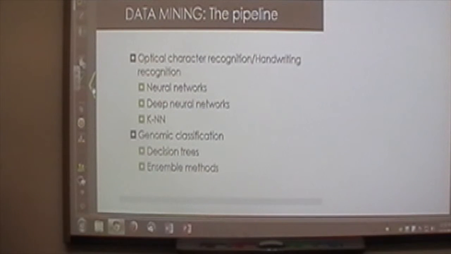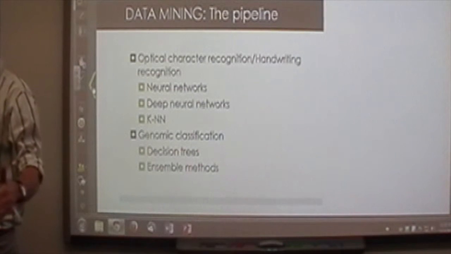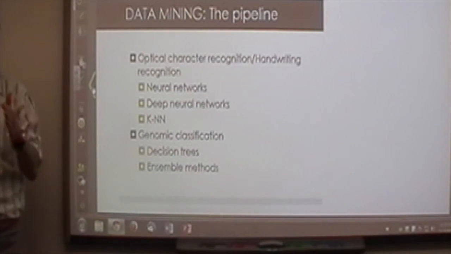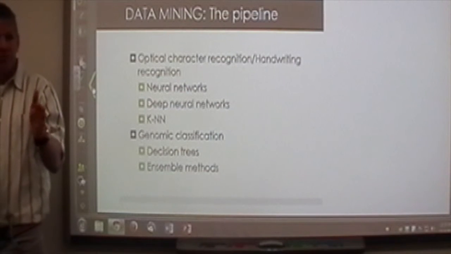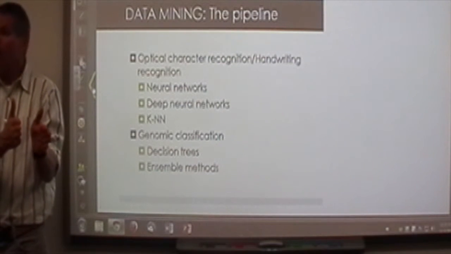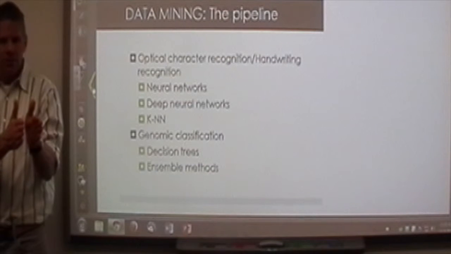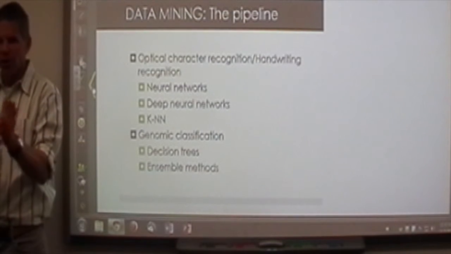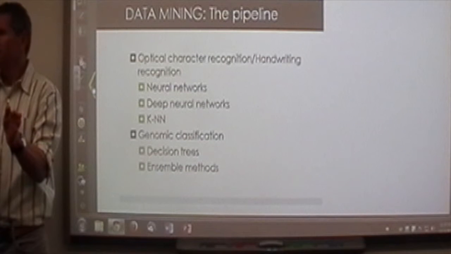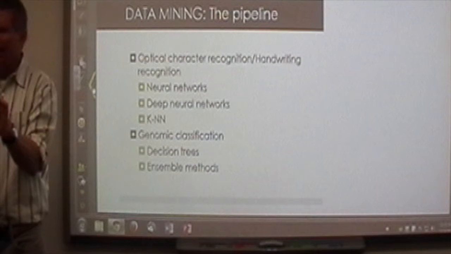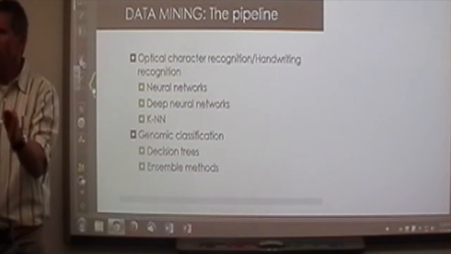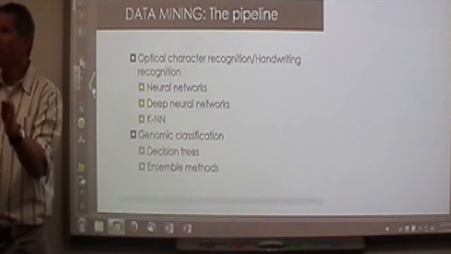And basically, the pendulum kind of swings. Neural networks go back to the 50s, and they've come in and out of favor. Maybe 5 years ago, support vector machines were the hot topic because they were outperforming a lot of other techniques, even though they're pretty simple to use.